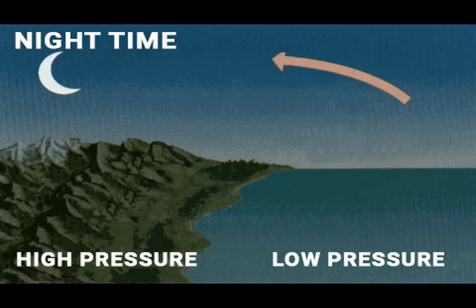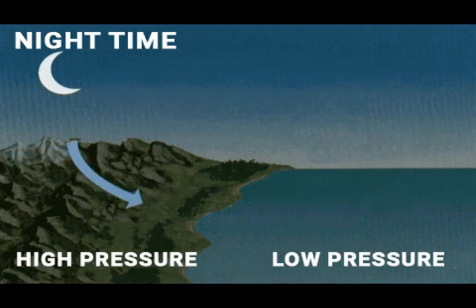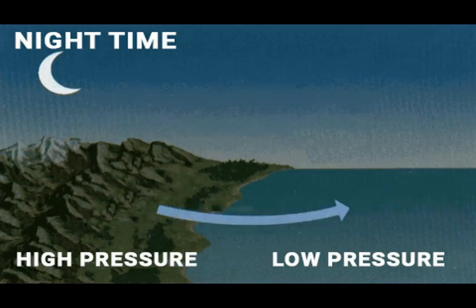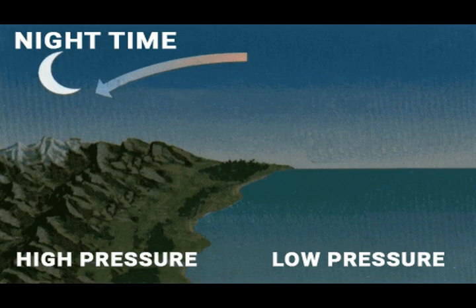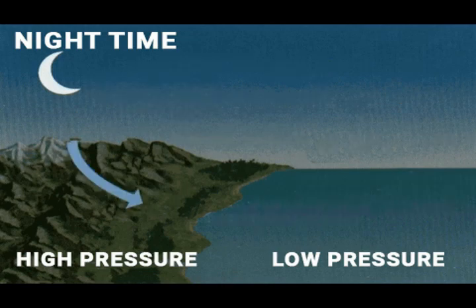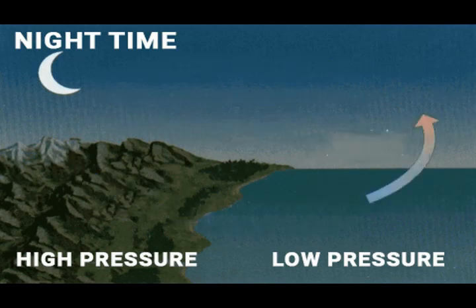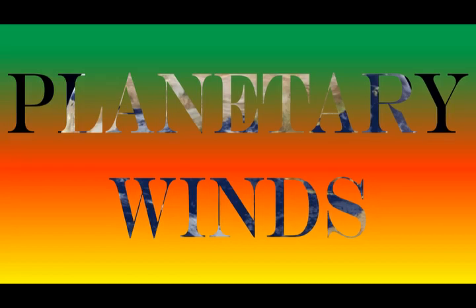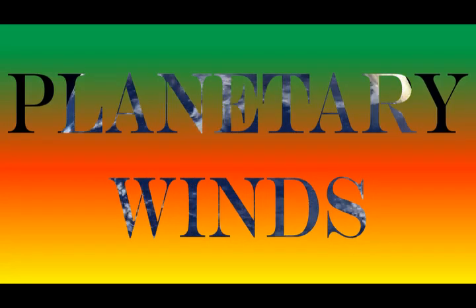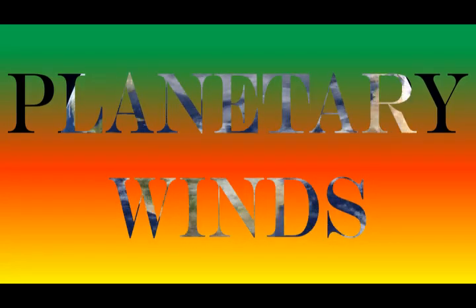As you can see, it takes place during the night. Once again, the cycle has been reversed. So we have now finished with local winds. Let us now look at the planetary winds.